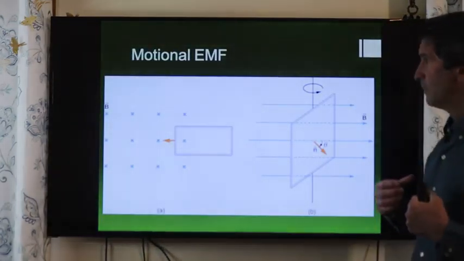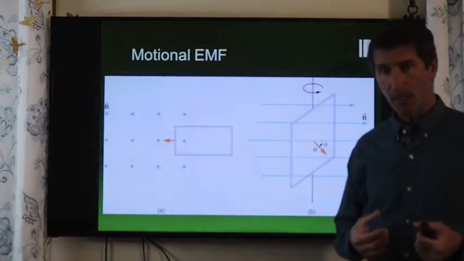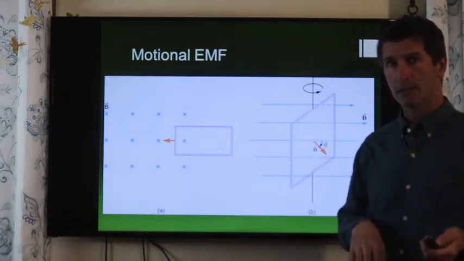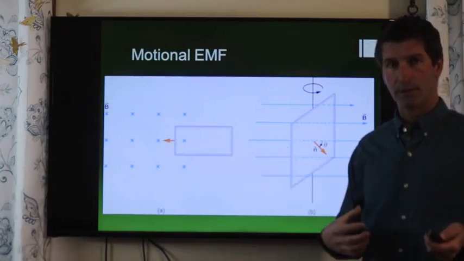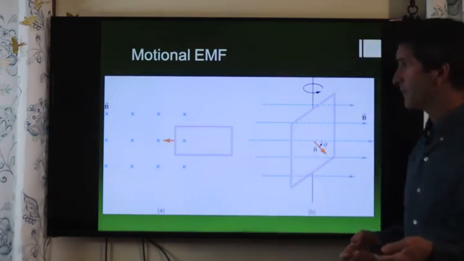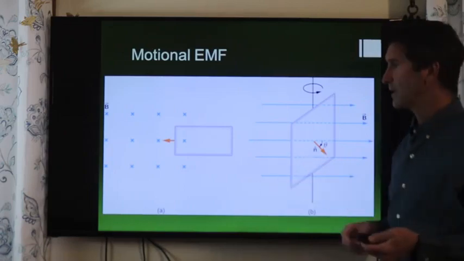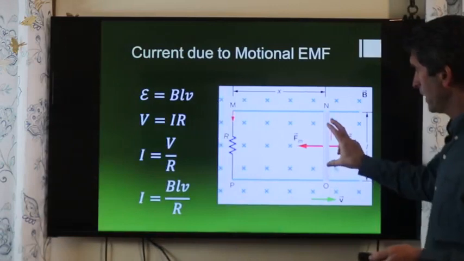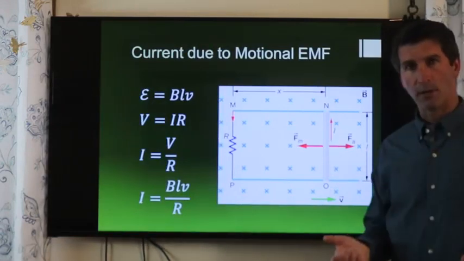Now, when we're creating an electrical generator, when we want to take mechanical energy, work in this case, and convert it into electrical energy, the previous setup that we had really doesn't make a lot of sense. Going back to this right here, we could only move this bar so far before we'd run out of room.